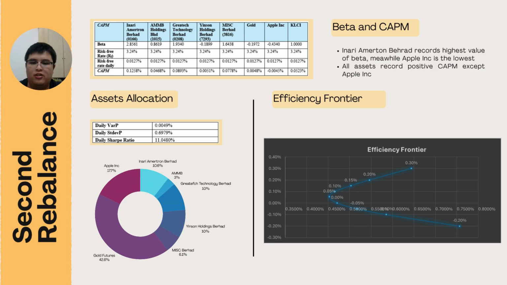Besides, the Sharpe ratio of the portfolio is 11.0408%. The efficient frontier shows the investment points for portfolios which offer the highest return for the given risk. In summary, the optimum point of the portfolio to invest in is at 0.05% of portfolio return and a standard deviation of 0.6979%.